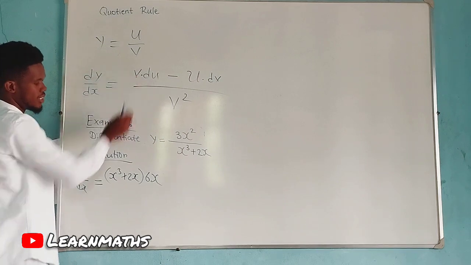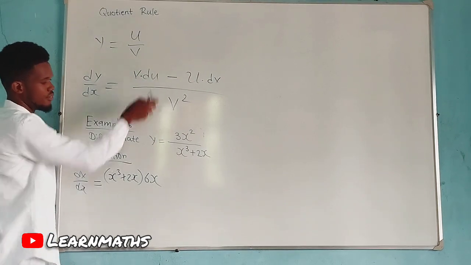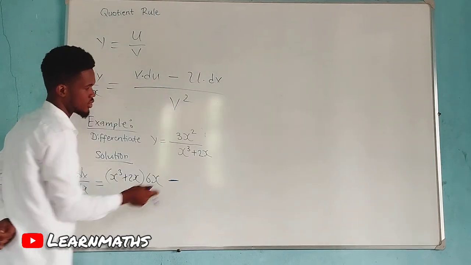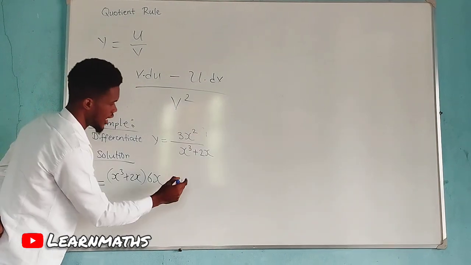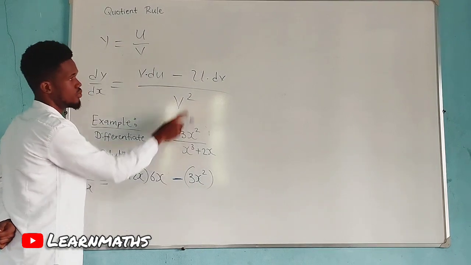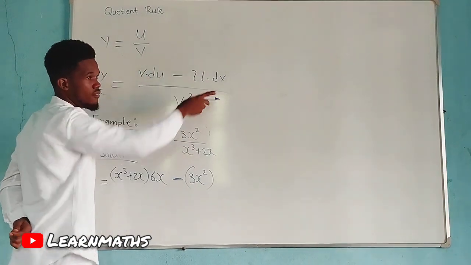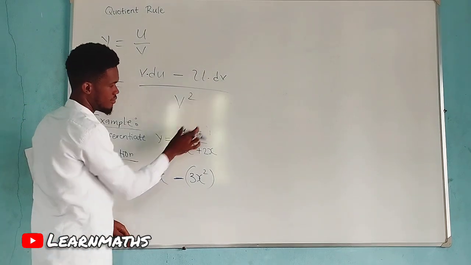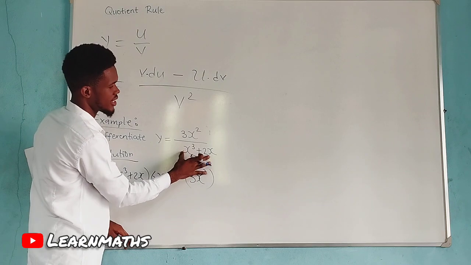Now we've gotten v, and we've gotten the differential of u. We're going to subtract u dv now. So what's our u? This is our u, 3x squared, and we're multiplying this u with the differential of v. So what's the differential of v?